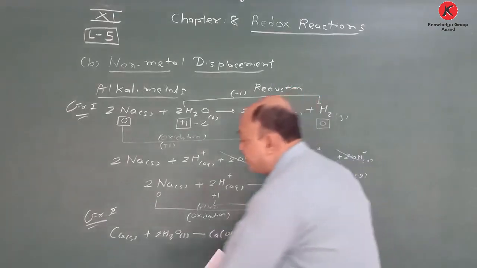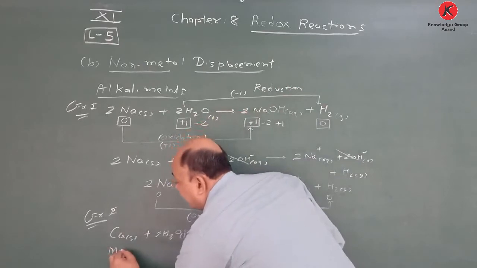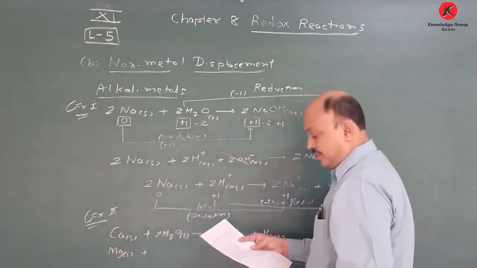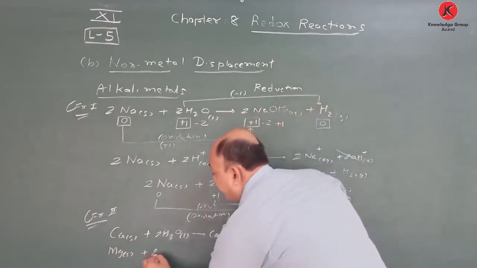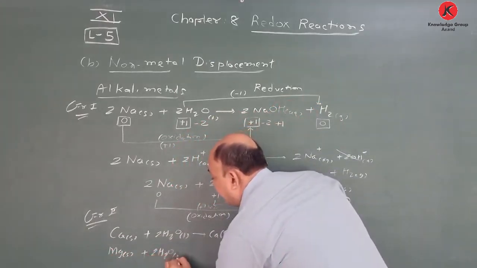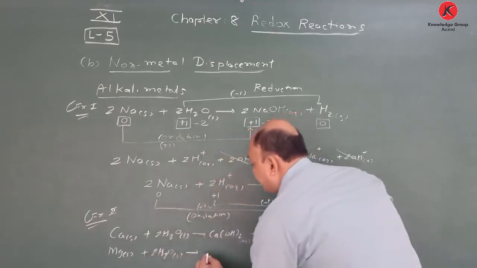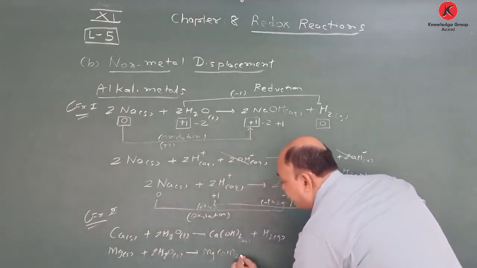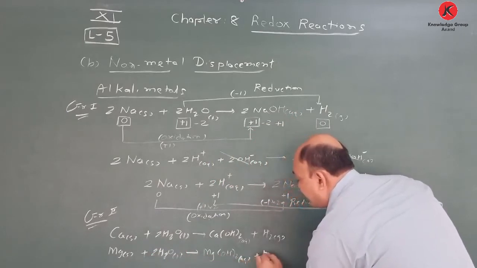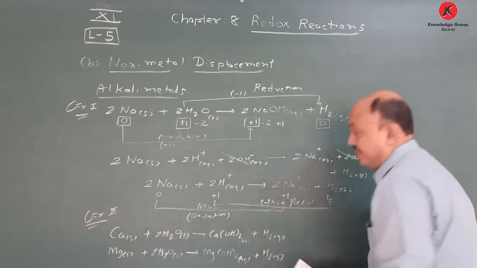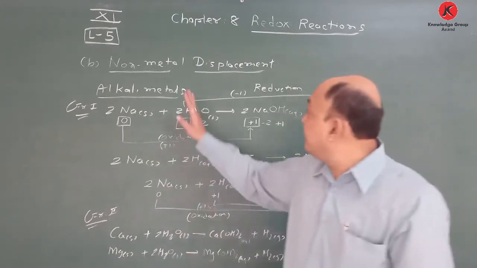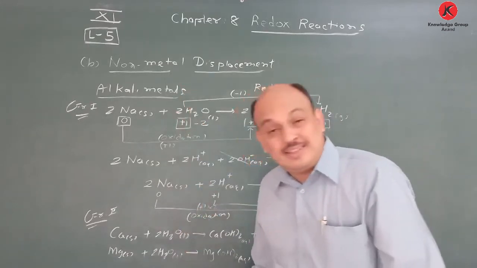Next one, instead of calcium, Mg solid plus 2H2O liquid gives Mg(OH)2 aqueous plus H2 gas. This is in your homework. How can you say that it is a non-metal displacement reaction?